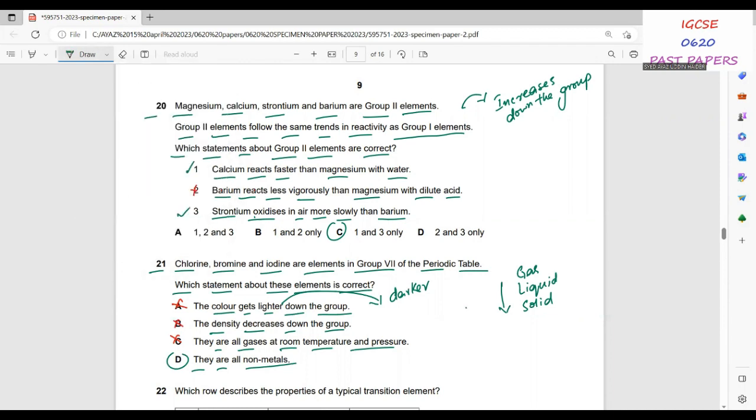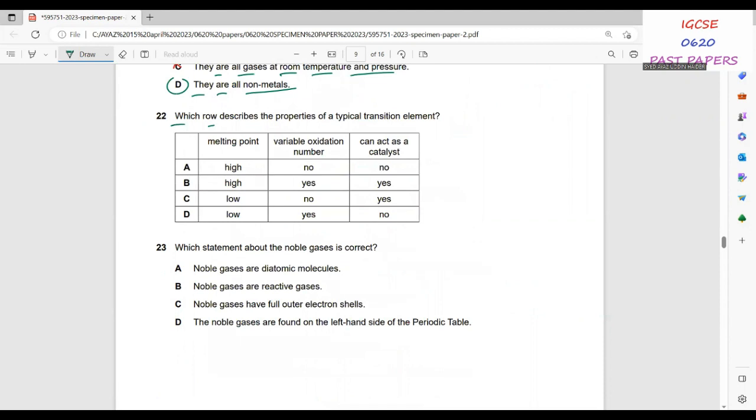Number 22. Which row describes the properties of a typical transition element? You know, transition metals are in the middle of the periodic table between group 2 and group 3. Their melting points are high, they have variable oxidation states, and they act as catalysts.